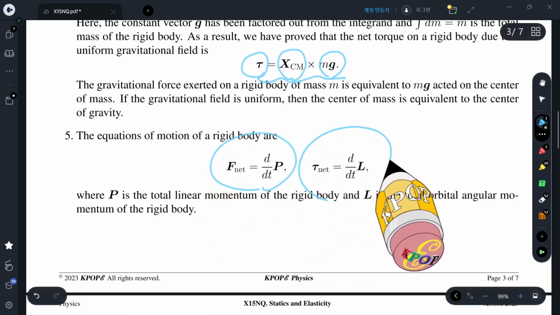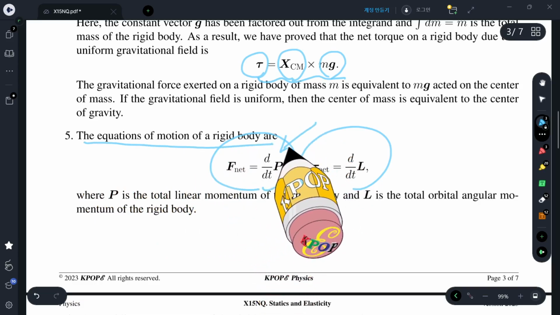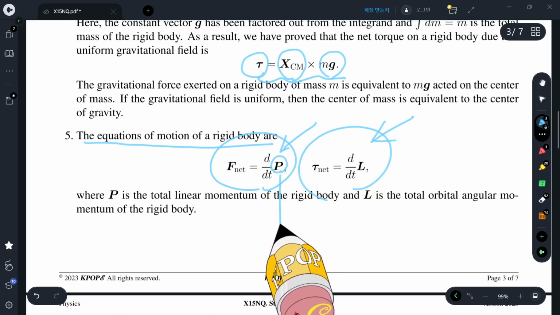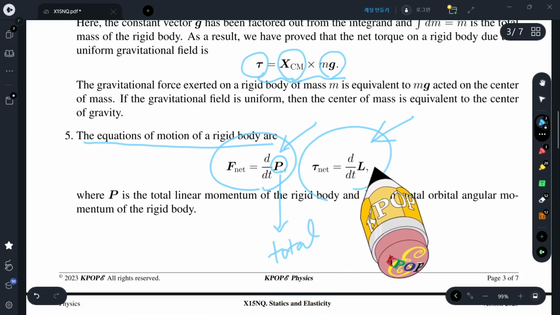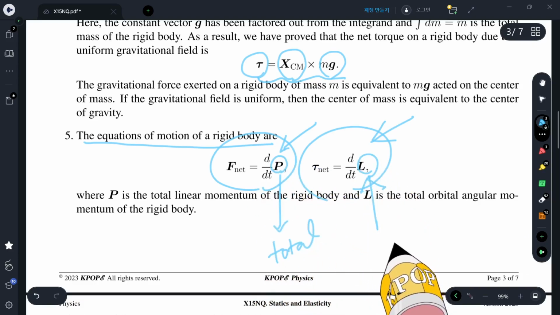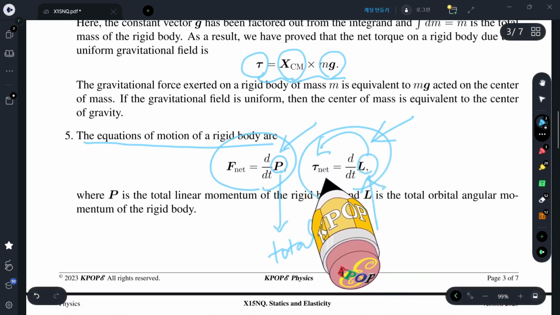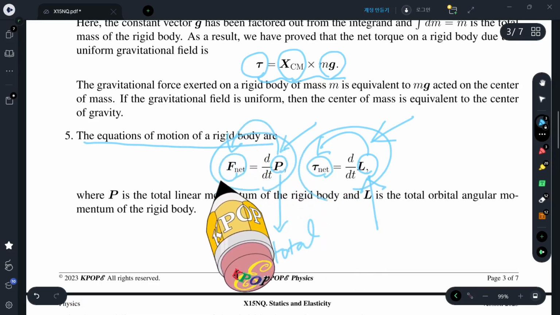We have equations of motion for the linear version and the rotational version. The linear version is the time derivative of the total linear momentum, and the rotational version is the time derivative of the total orbital angular momentum. They are the net force and the net torque.